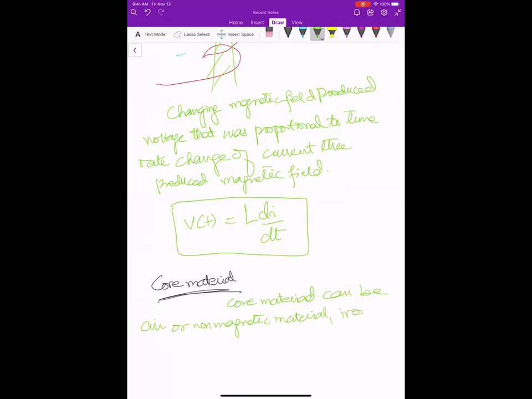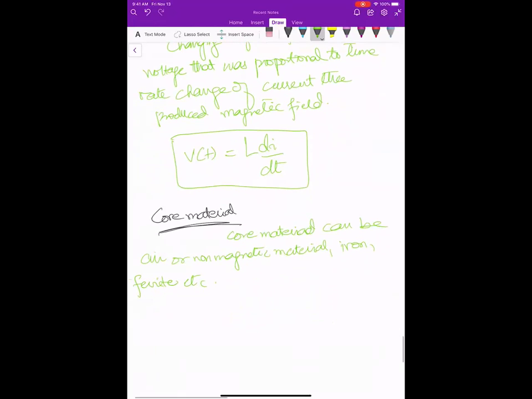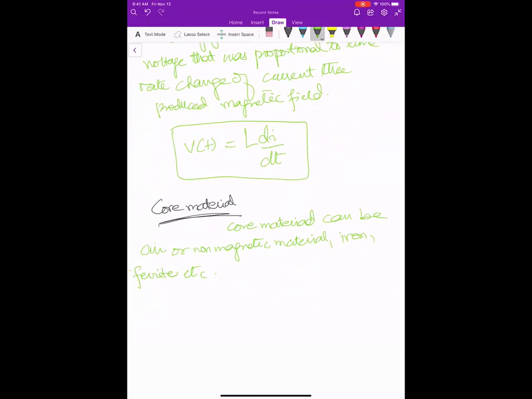It can be iron, it can be ferrite, etc. Ferrite core inductors are used for high frequency applications, because they can withstand high frequency.